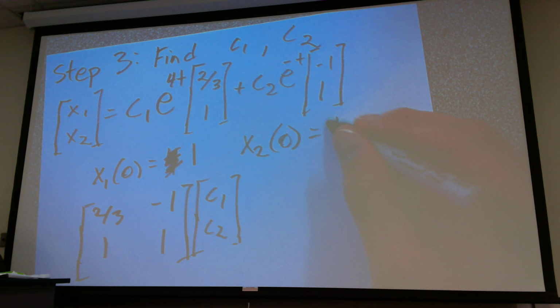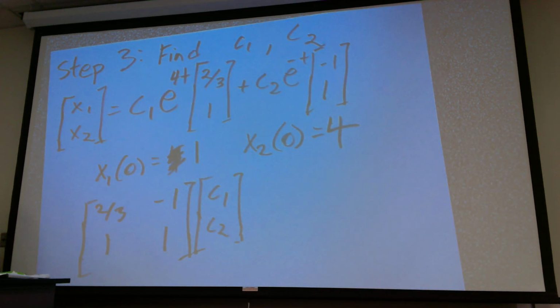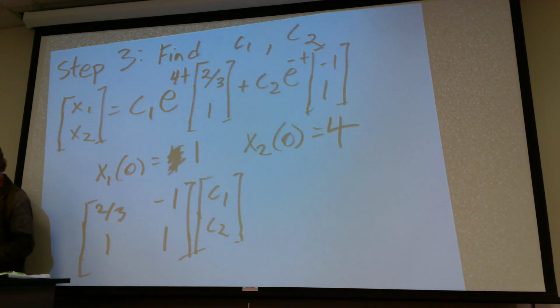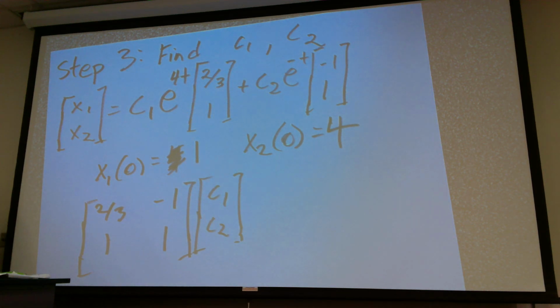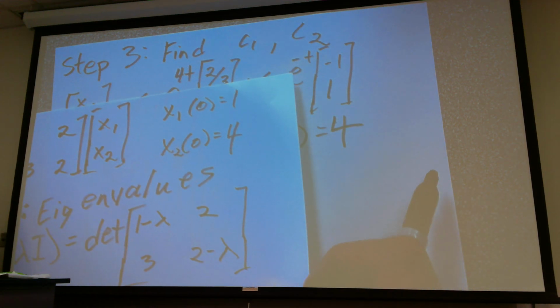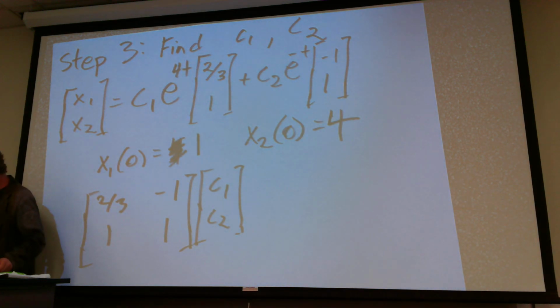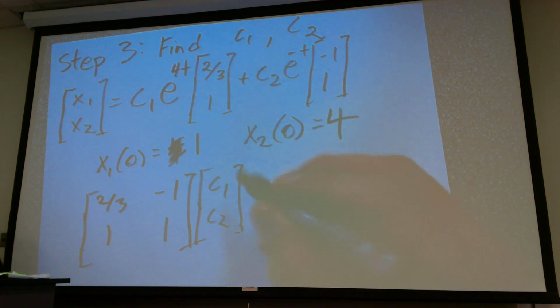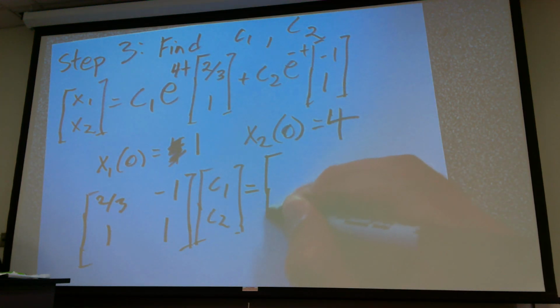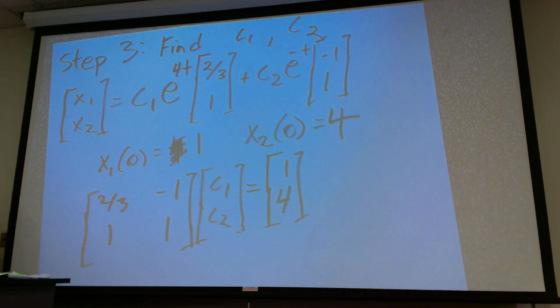That's 1, and that's 4. So I look back at the original beginning of my problem, x1 of 0 is 1, x2 of 0 is 4. Sorry about that. Okay, so that means that this thing is going to equal 1 and 4. Good.